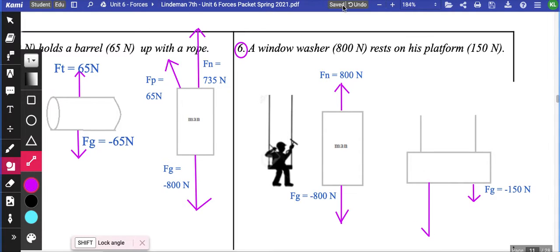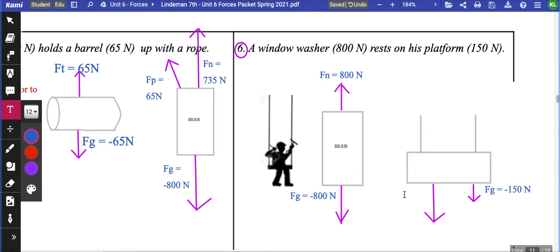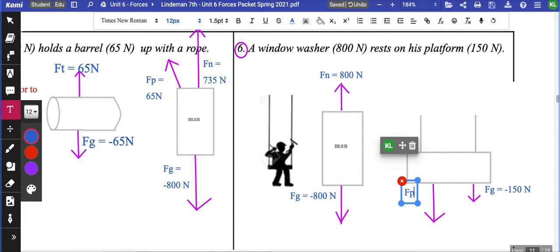Oops, I drew that way too long. Should be about the same. So the push force of a stacked object is always going to be equal to the magnitude of the normal force directly above it. So the magnitude of the normal force for the man is 800 newtons. So the push force would be negative 800 newtons.